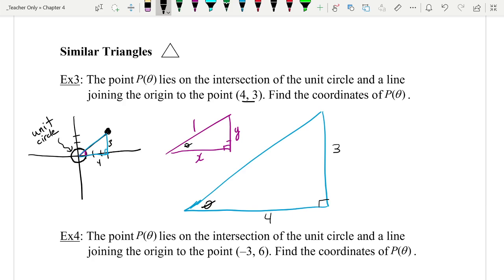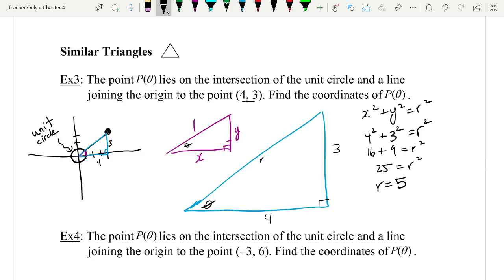So I can call this r if you like, and I can say that x squared plus y squared equals r squared. And x was 4, y was 3. So my r squared is 16 plus 9, which is 25. So my r is equal to 5.